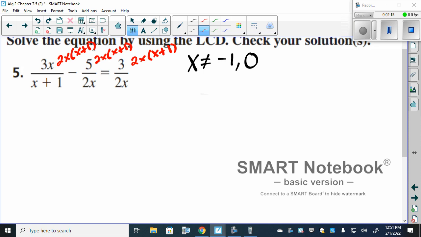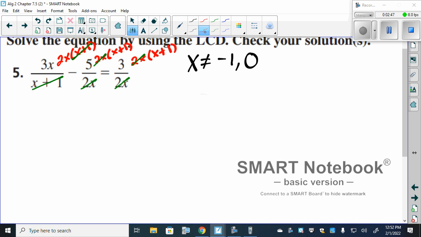So we're going to multiply each of these terms by 2x and x plus 1. In the first one, the x plus 1 and x plus 1 will cancel out. In the next one, the 2x and 2x will cancel. And in the last one, the 2x and 2x will cancel.